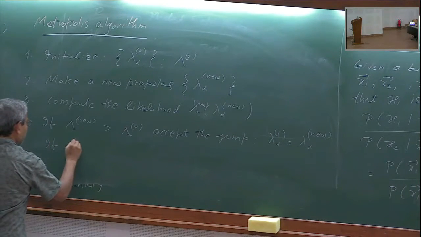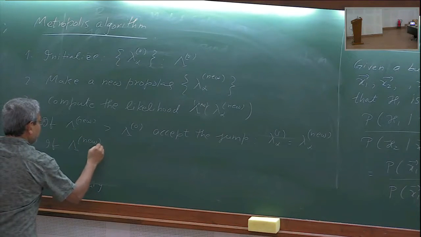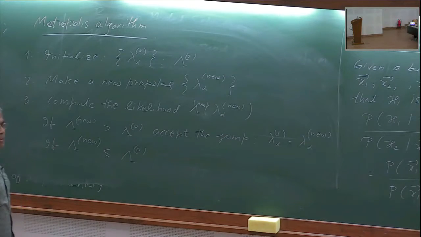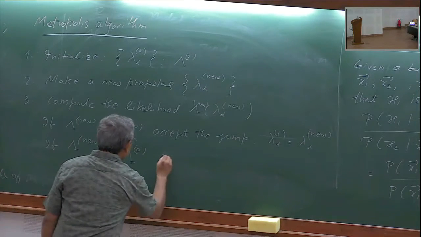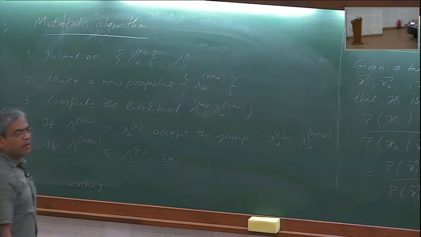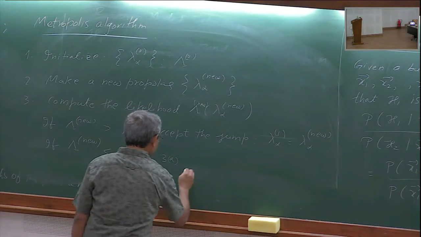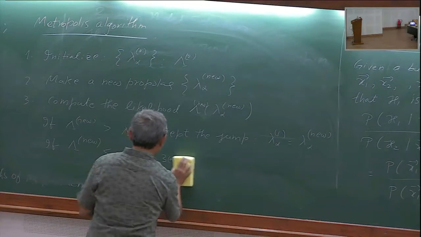If lambda nu is less than or equal to lambda naught, there are two conditions. Not 3a, I'm sorry.